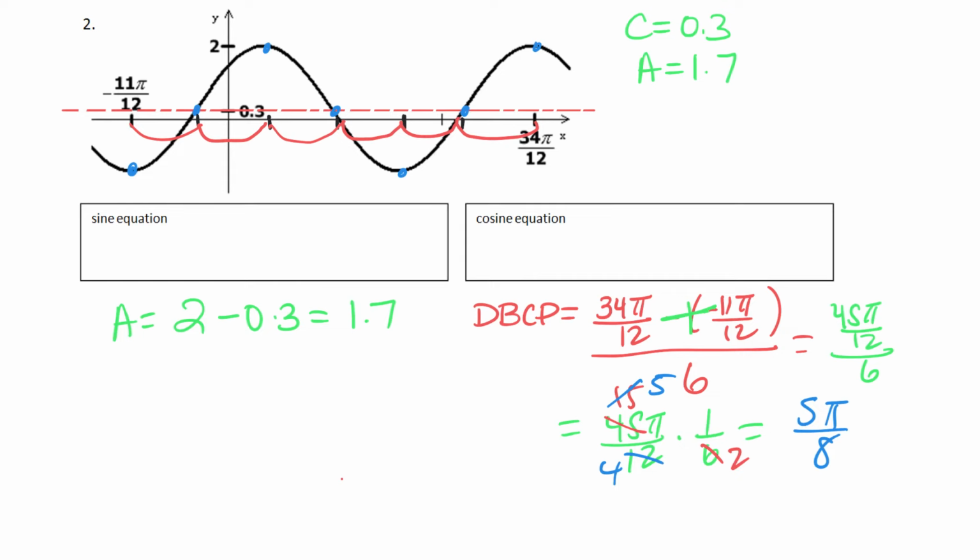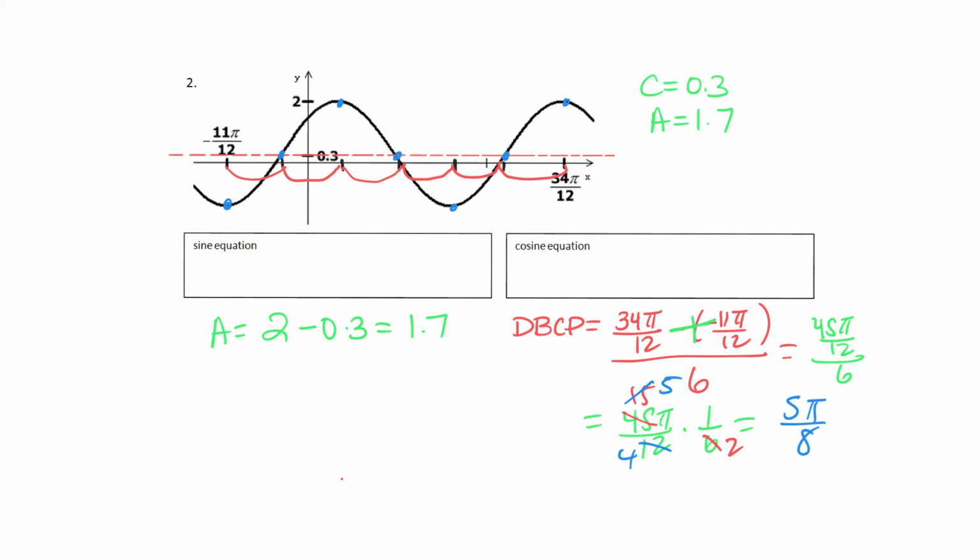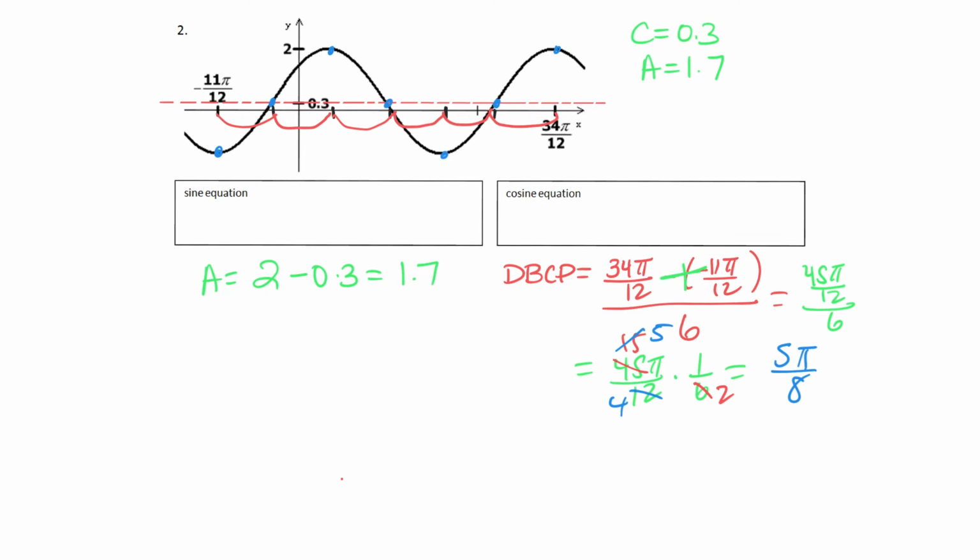Now to figure out the period, I need to take my DBCP of 5 pi over 8 and multiply it by 4. So that's going to simplify to 5 pi over 2 because 4 goes into 8 2 times.